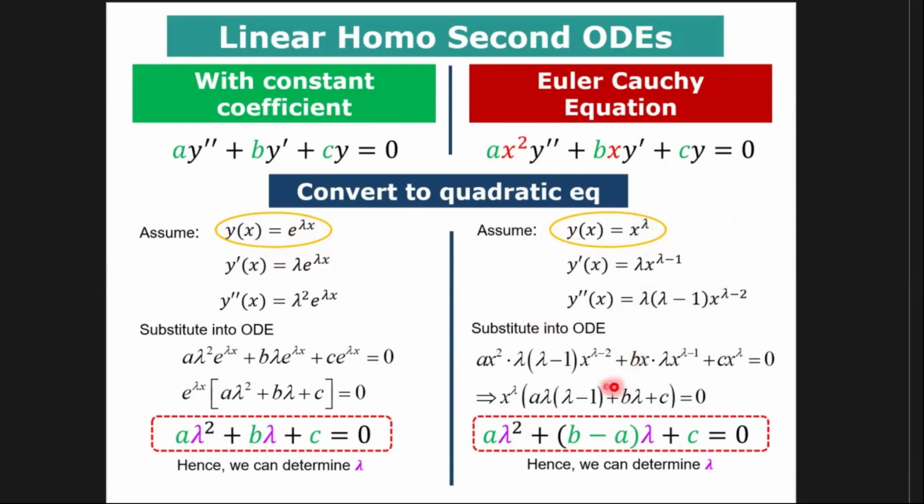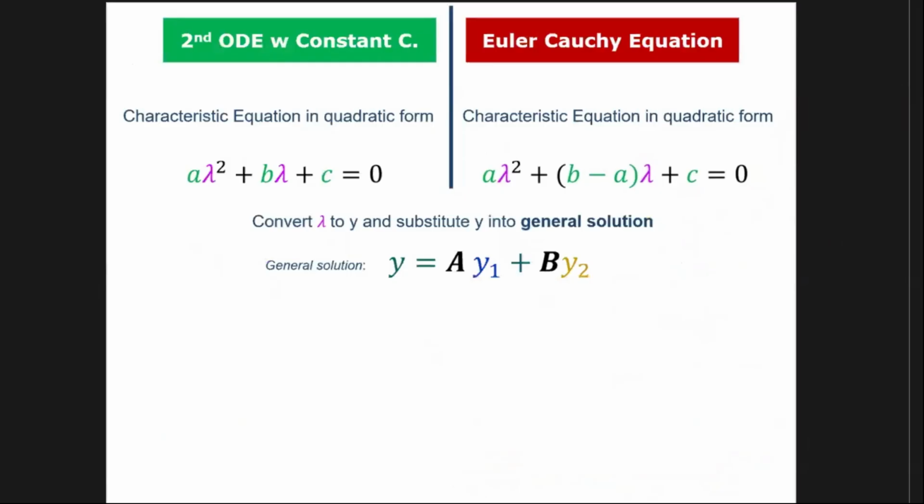We substitute this assumption into the ODE, and we will get this characteristic equation that can be used to convert the Euler-Cauchy equation into a quadratic equation. So this is the final characteristic equation. After we get the lambda values, we can convert that to y and substitute into a general solution.